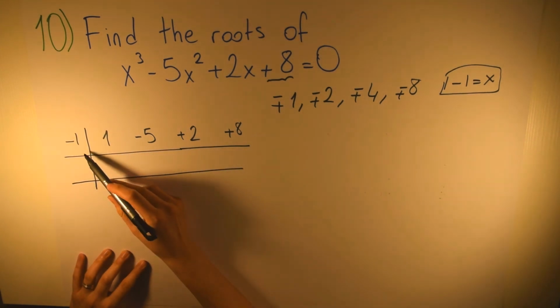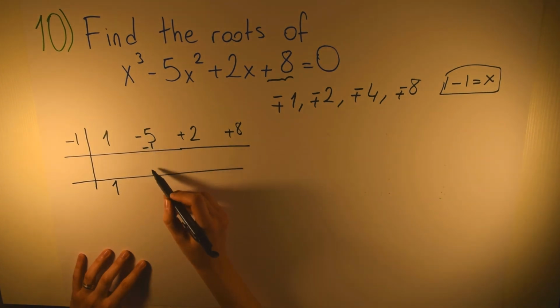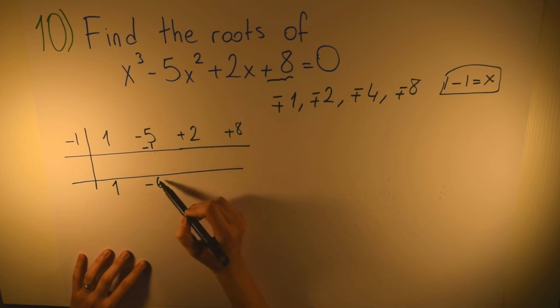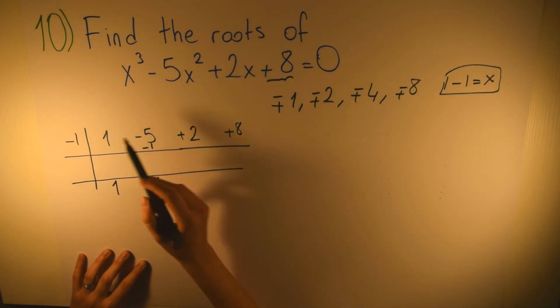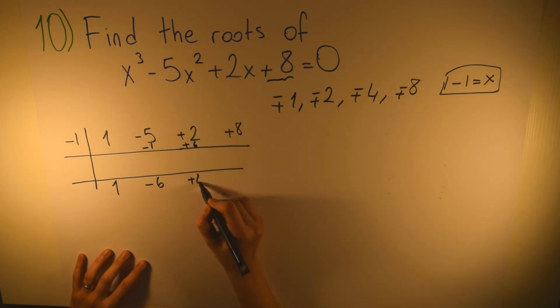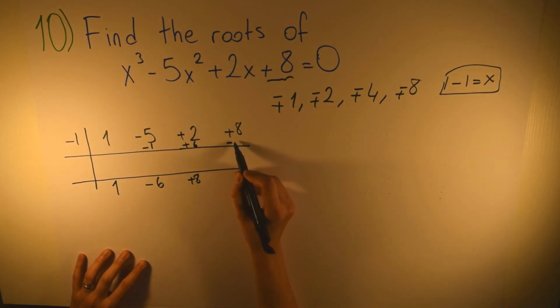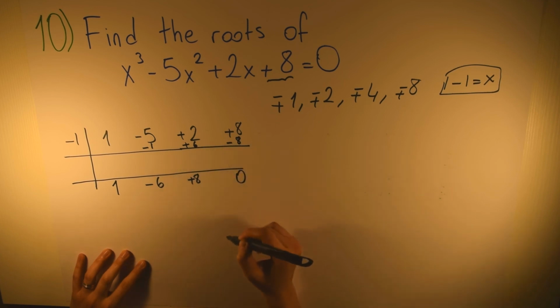Minus 1 times 1 is equal to minus 1, and minus 5 minus 1 is minus 6. Minus 6 times minus 1 is plus 6, right? So plus 2 plus 6 is equal to plus 8. Plus 8 times minus 1 is equal to minus 8. So plus 8 minus 8 is equal to 0.